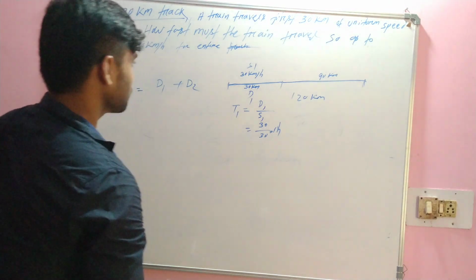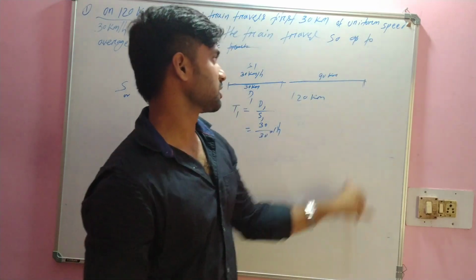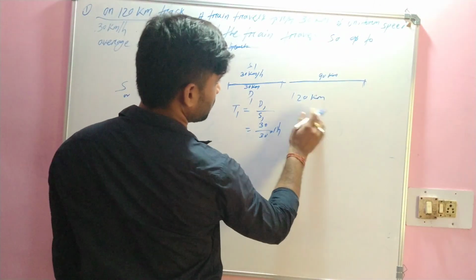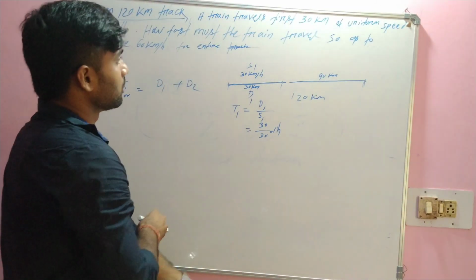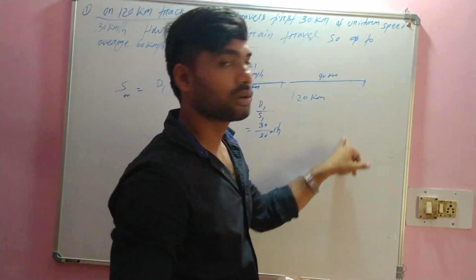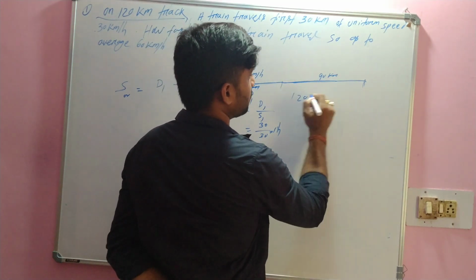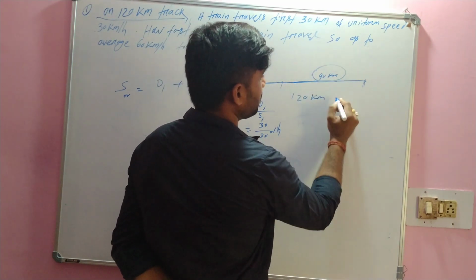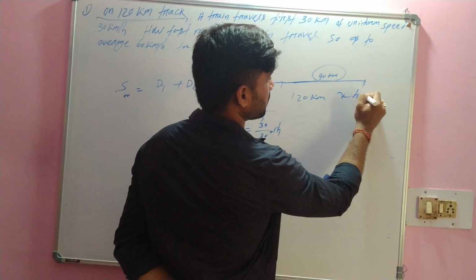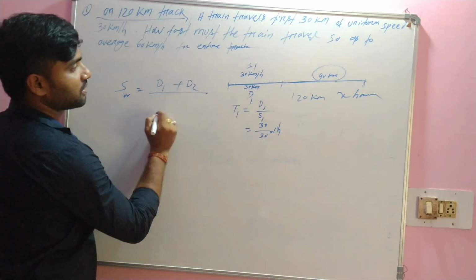Next, come to this part. Distance is given, but we don't know the time. Let the train cover 90 kilometers in x hours. Average speed is total distance by total time.